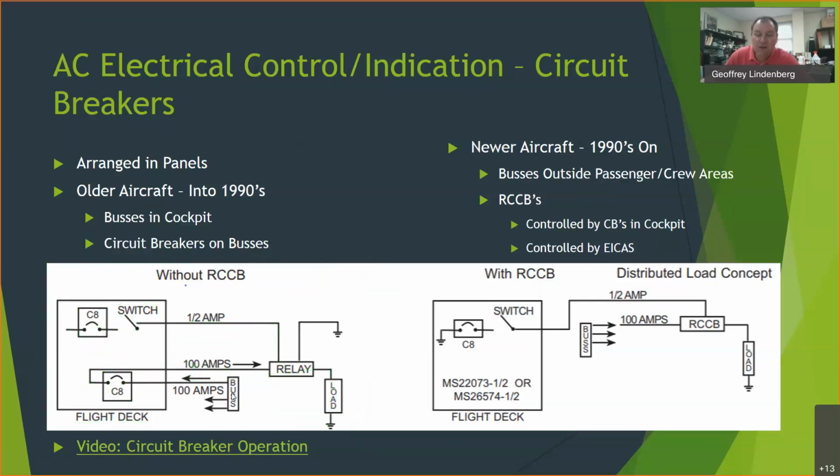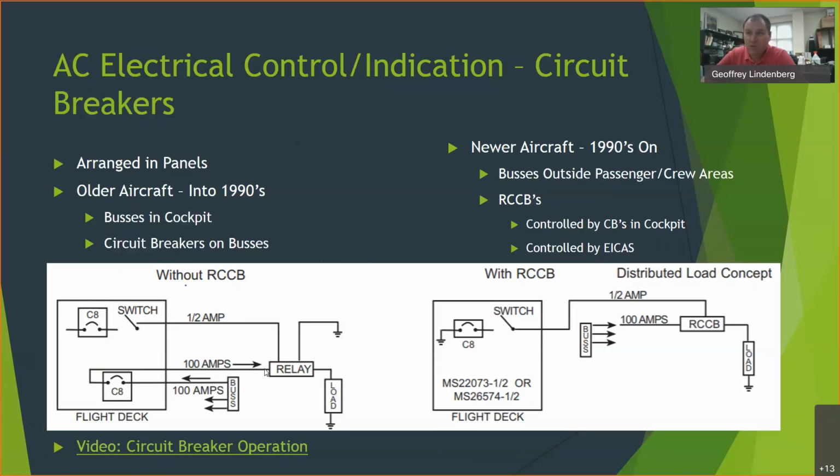It's feeding the buses. So it's coming from the tail all the way up to the flight deck, goes through a circuit breaker panel in there, and then it has to go to the pumps, which are located all the way back in the gear bay. Or in the case of the standby pump, all the way back in the tail again.